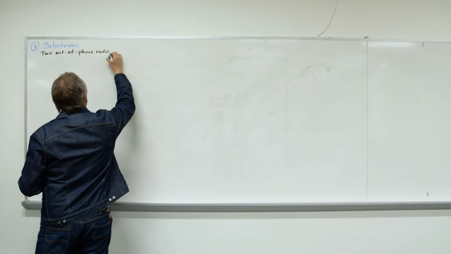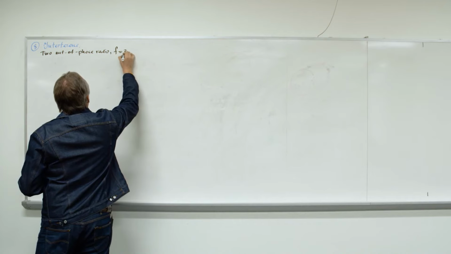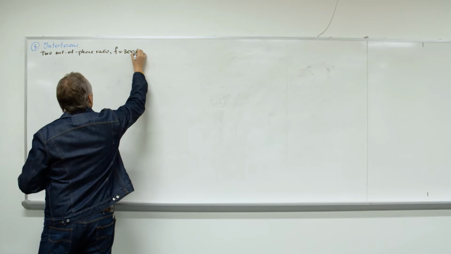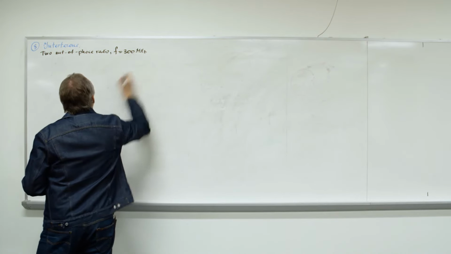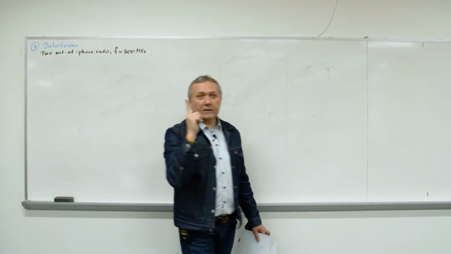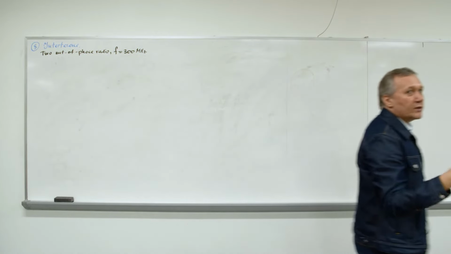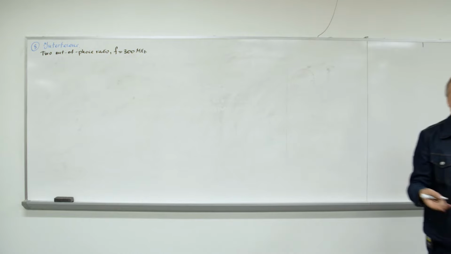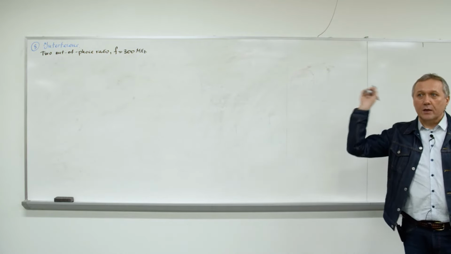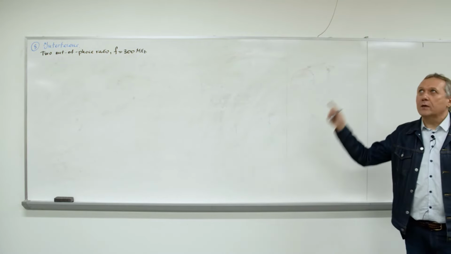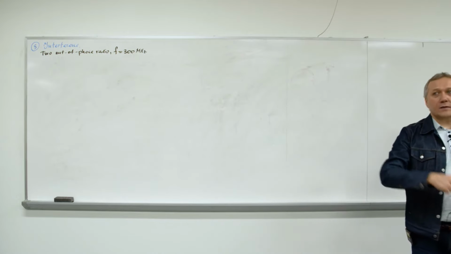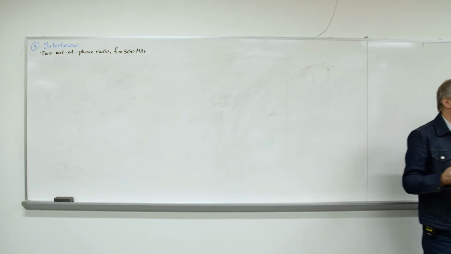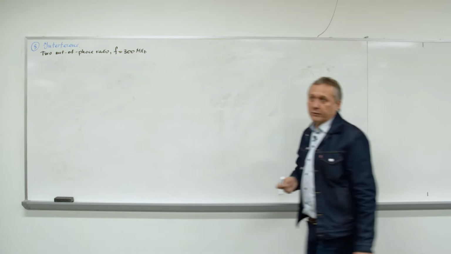Radio antenna frequencies are 300 megahertz. One frequency is given, although there are 2 antennas, because we're discussing 2 identical waves. It means they have the same amplitude, the same frequency, the same wavelength, 2 identical waves produced by 2 different sources.